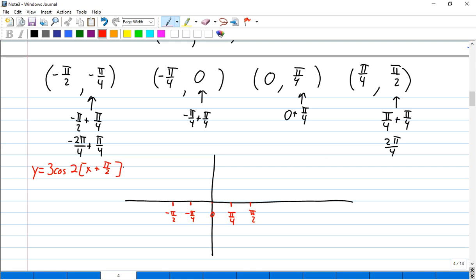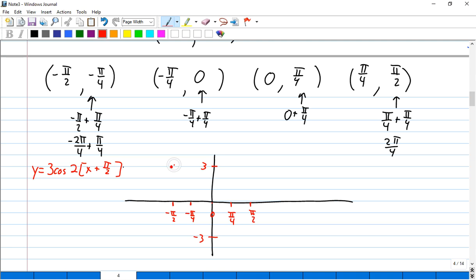All right, and the amplitude is 3. So I'm going to go up 3 tick marks like that. You can adjust your y-axis however you see fit. So we have to remember the pattern for cosine. Remember, cosine's not the same as sine. Cosine starts at a high point, so we're going to start our graph up here at a high point.